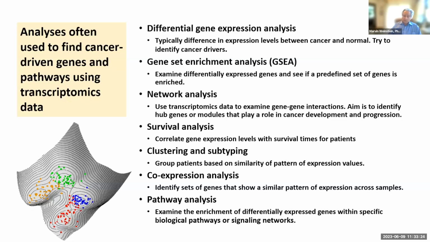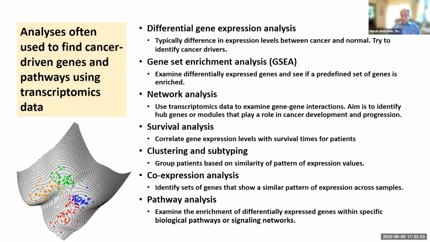Then there's co-expression analysis and pathway analysis, all of which play important roles, but pathway analysis in particular rarely is based on sets of genes that are supposed to operate in a particular way, and those pathways are determined in a way which is independent of the specific data you're looking at.